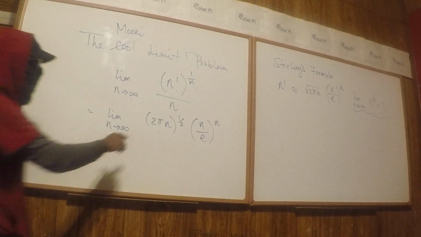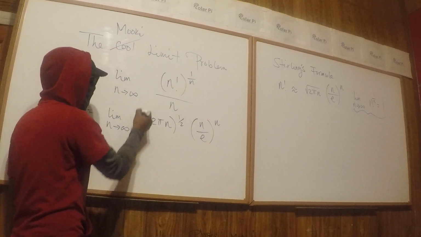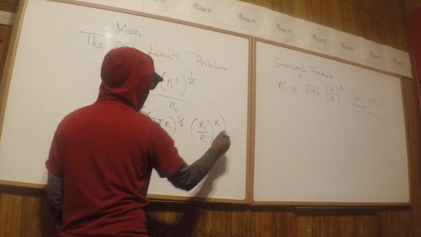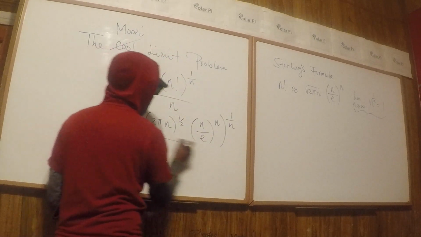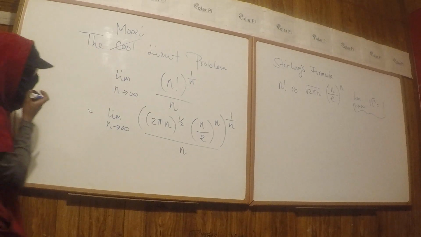All of that is a replacement for n factorial for large n. But all of this is raised to the power 1 over n, and all of this in turn is divided by n.